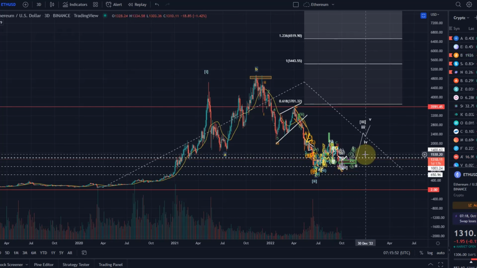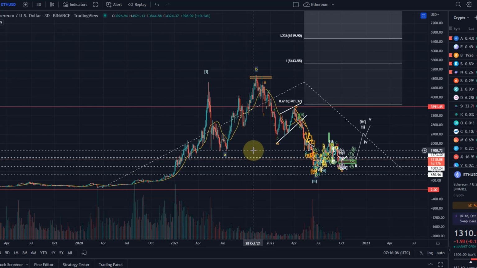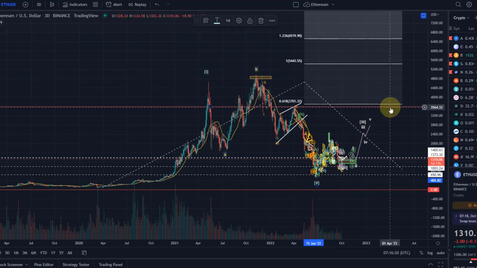So in terms of trading, it is very important to use those levels. Whether it's a 1-2 or AB or whatever doesn't make a great difference if it's already happened. Important is to understand the key levels, and if you have different counts possible but the targets are similar, then it doesn't make a great difference. So anyway, my view is that Ethereum has probably bottomed out here at $880 back in June, and we're already on the way up, but we'll take a look at that in a minute.